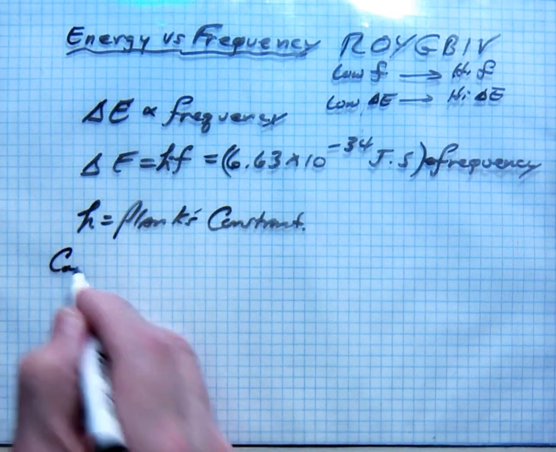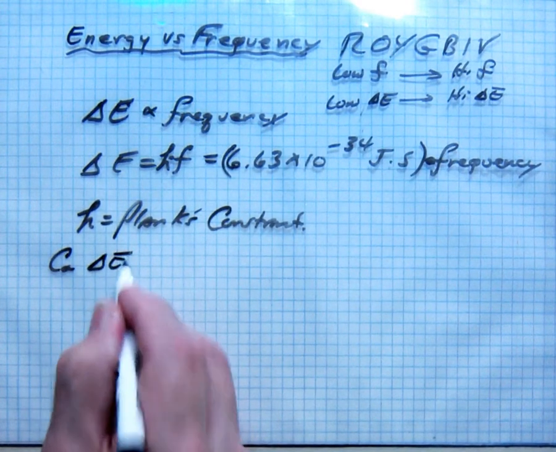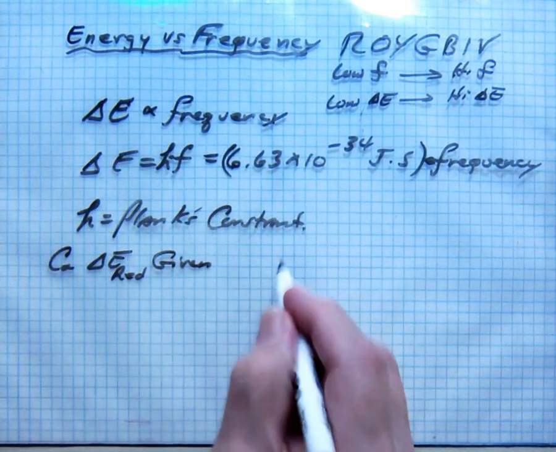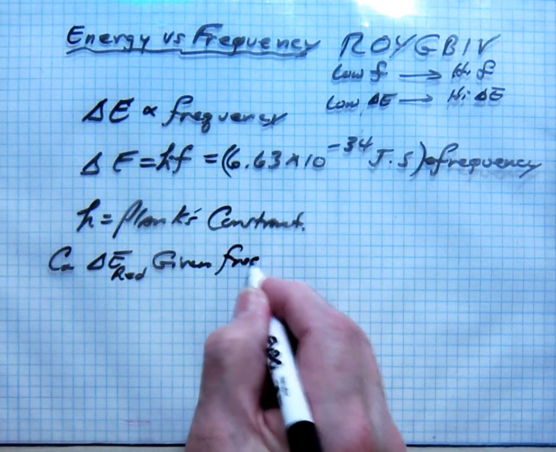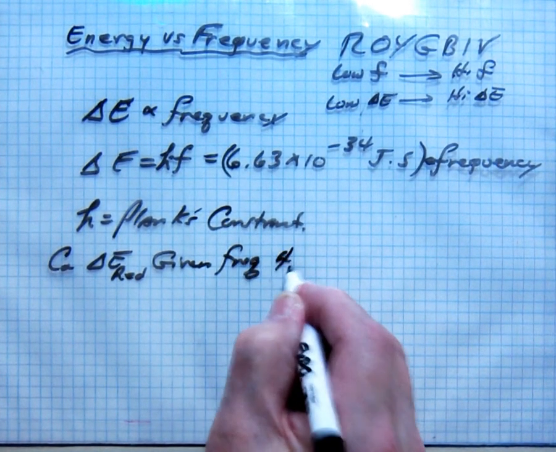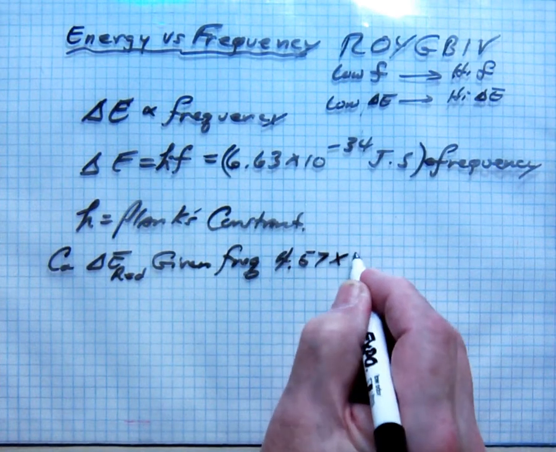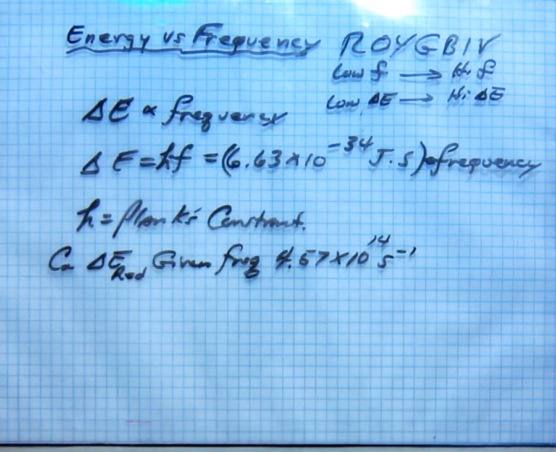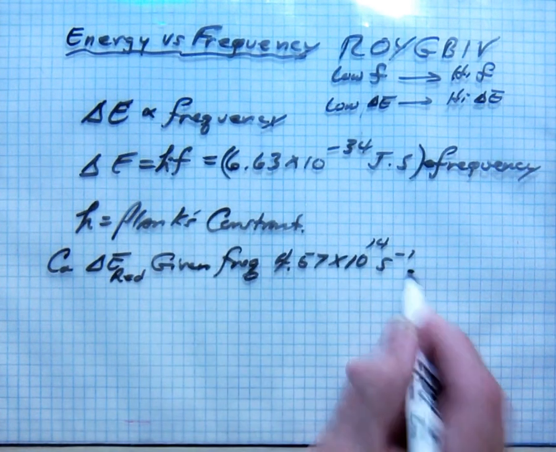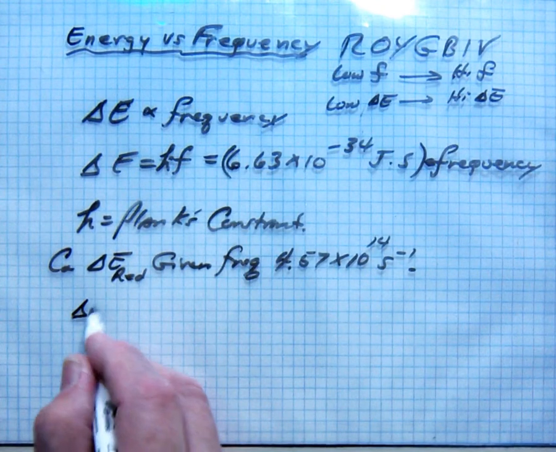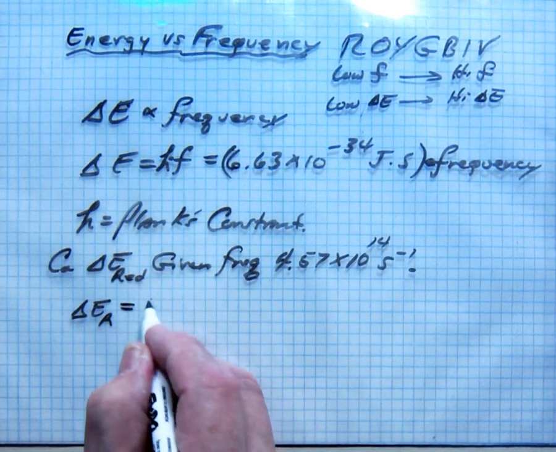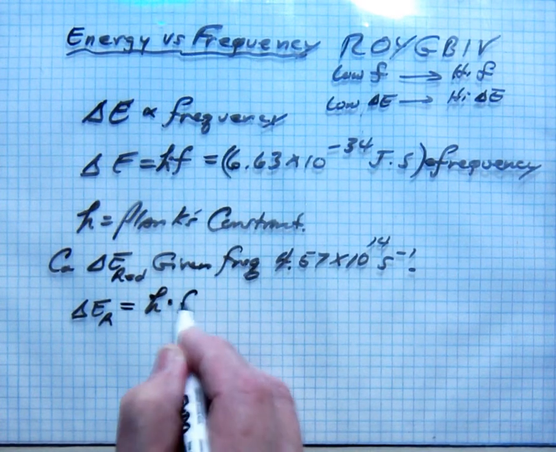So calculate delta E of red given the frequency we just calculated of 4.57 times 10 to the 14th reciprocal seconds. Of course you'll use Planck's constant in this one, so delta E of the red line is equal to h times frequency.